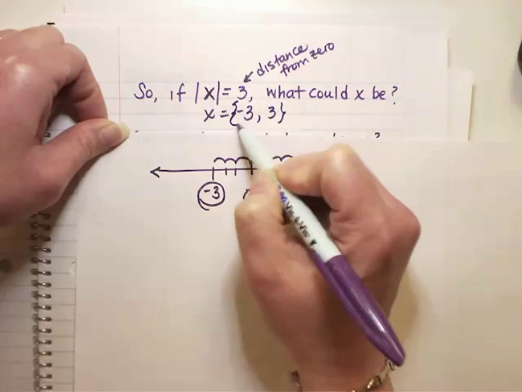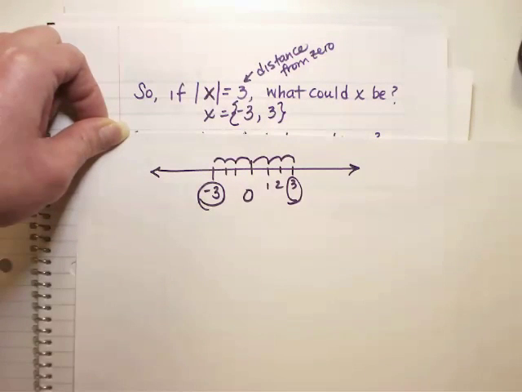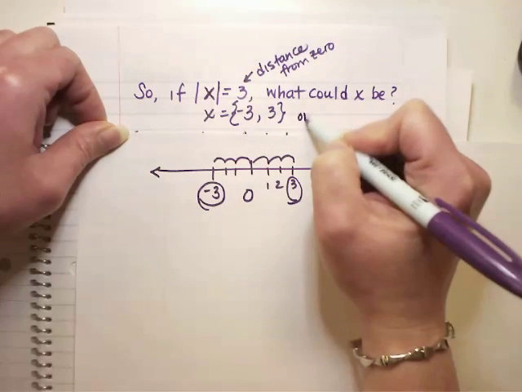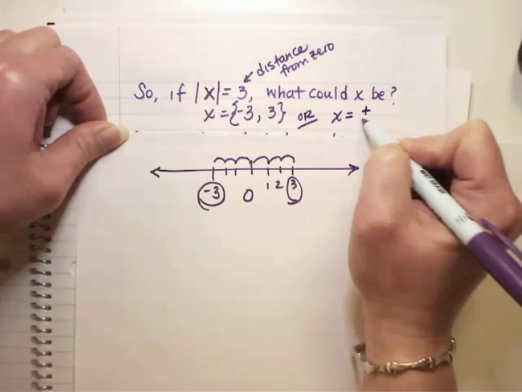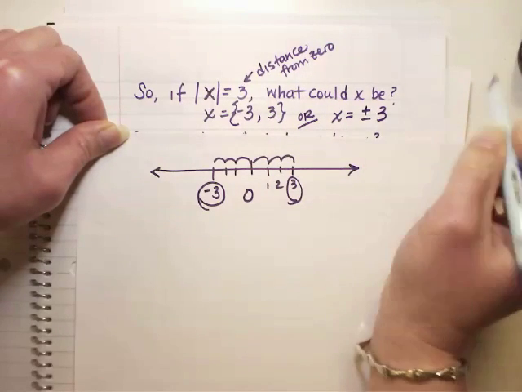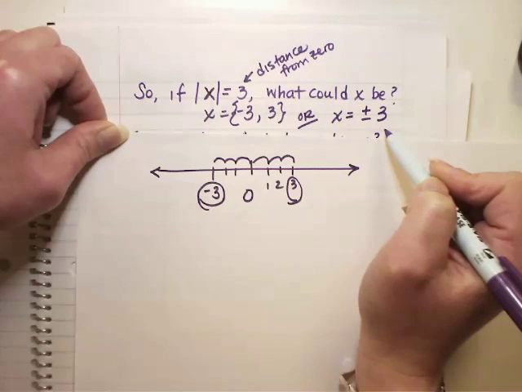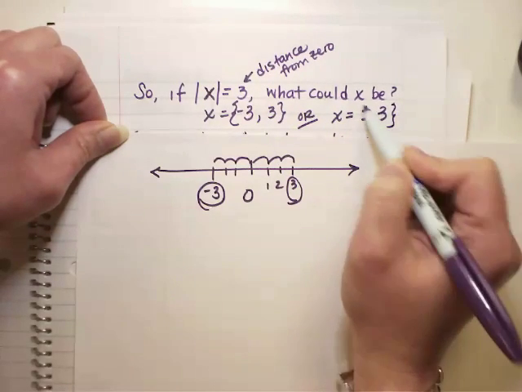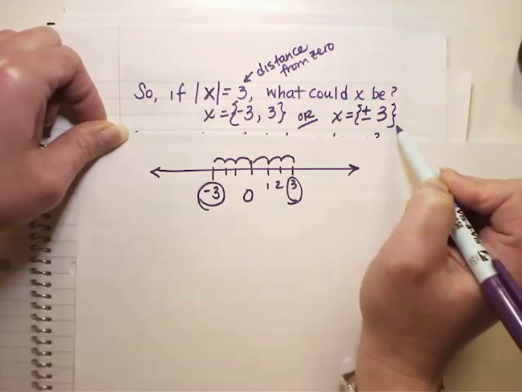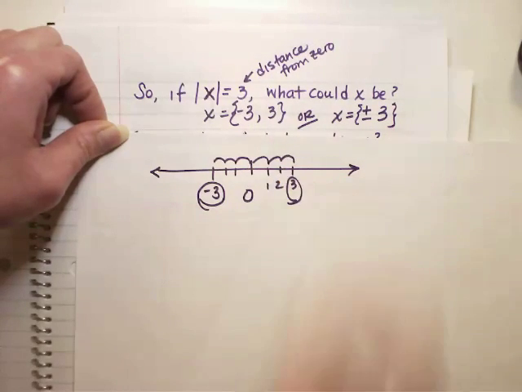And I'd write a solution set since there is more than one answer. It could be negative or positive 3. Okay? You may also see people write it this way. This is another way you could write it. X could equal positive or negative 3. Sometimes we say plus or minus 3. It just means positive or negative 3. So it could be written either way: positive, negative 3 written like this, or negative 3 and positive 3 separately.